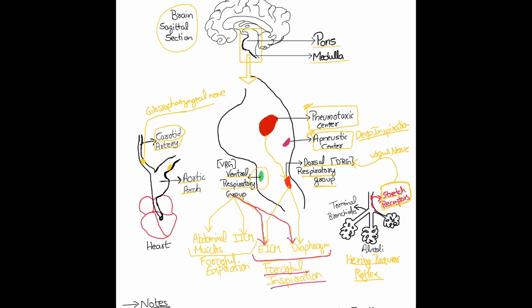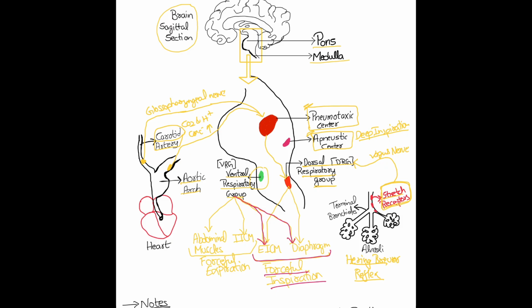This glossopharyngeal nerve reaches the pneumotaxic center, and it is activated by an increased amount of CO2 and H plus concentration. I already explained that the pneumotaxic center regulates the DRG. You are getting my point. So the carotid artery and aortic arch have a chemosensitive area, and their nerves regulate the pneumotaxic center. So this is all about the regulation of breathing.